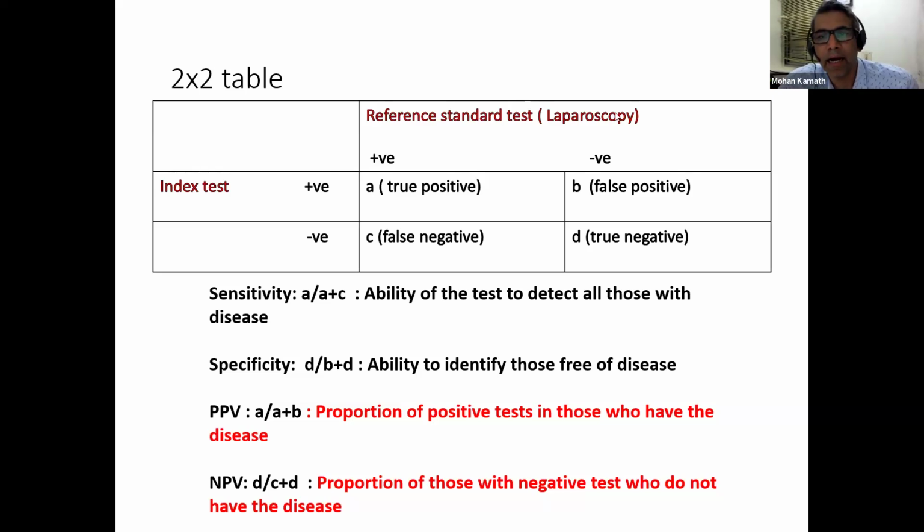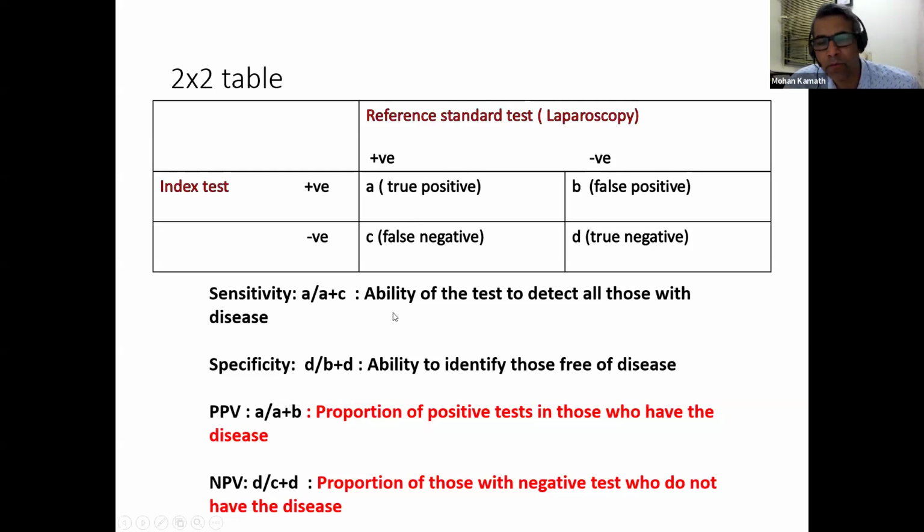So again, in a 2x2 table, the reference test is usually at the top, and the index test is down, and then you need to fill in the figures A, B, C, D, and you'll get all those terms.